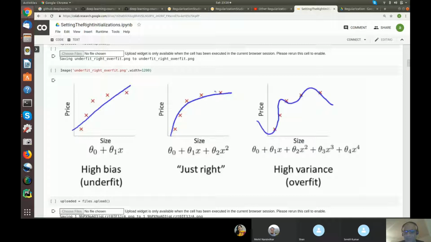Theta 0 square plus theta 1 square plus theta 2 square plus theta 3 square plus theta 4 square.